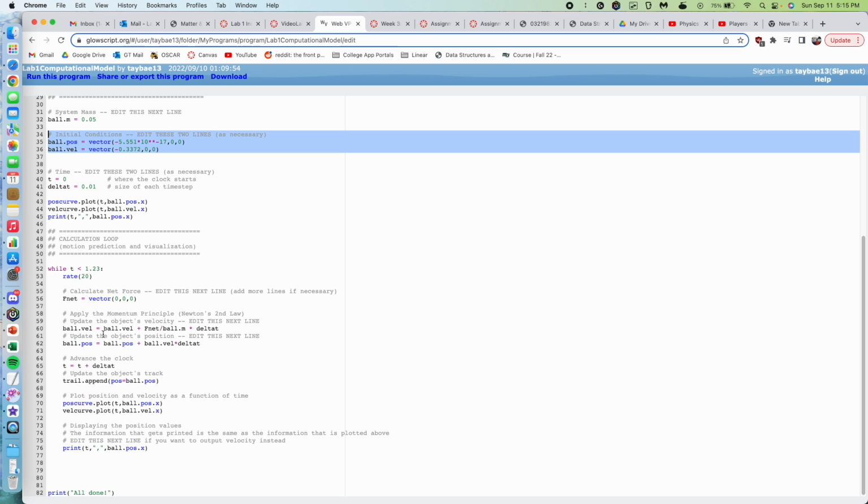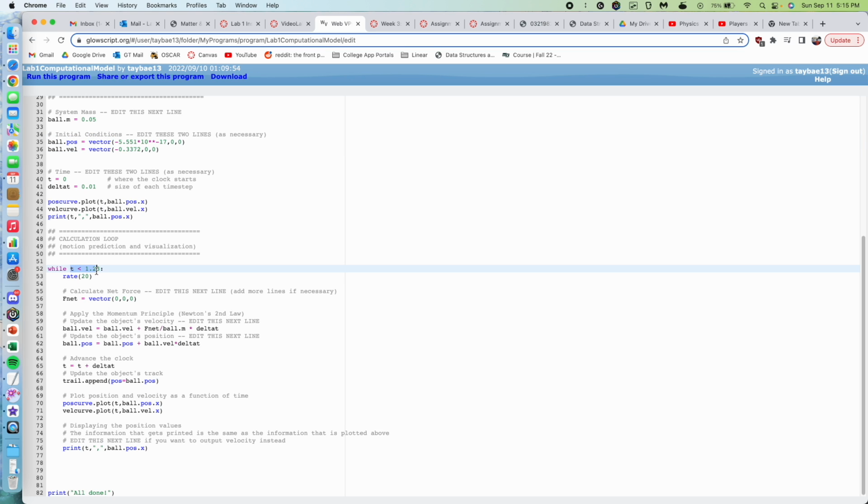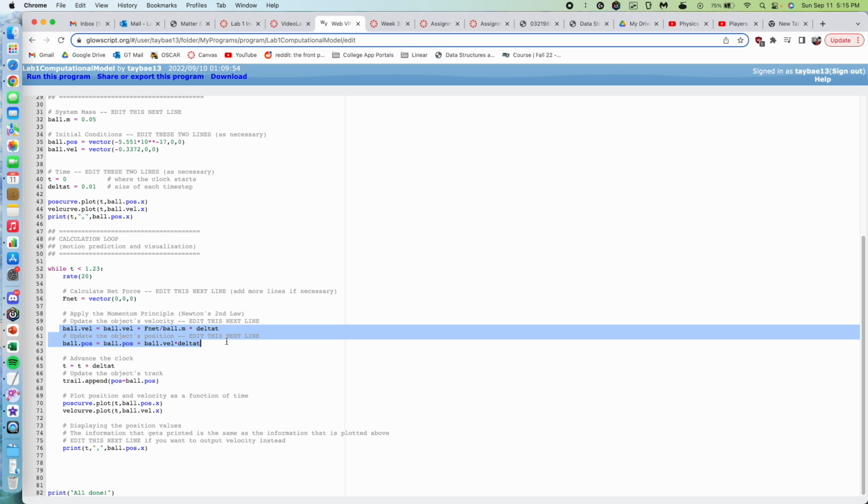And here in the calculation loop, we can see that it runs as long as the time is less than 1.23 because that's how long the video took in Tracker. Right here we set net force to 0 because we're assuming there's zero net force, constant velocity, and here are the velocity update equation as well as the position update equation that is used to update these two values.